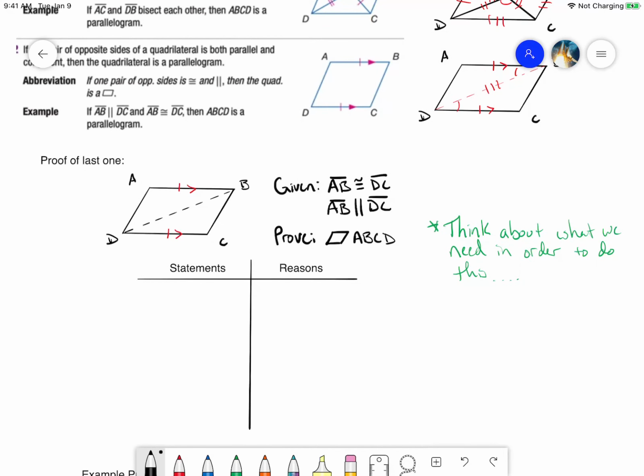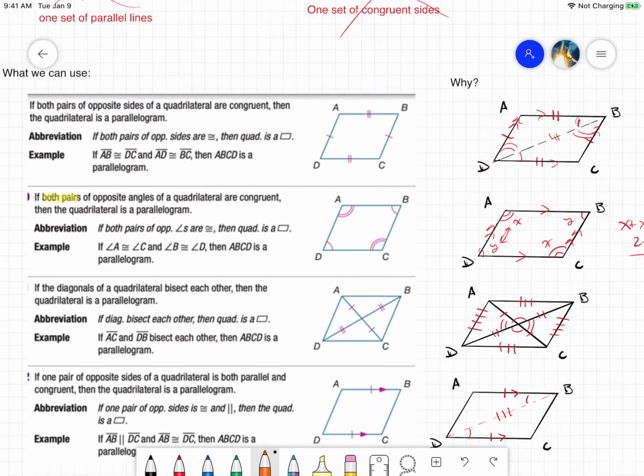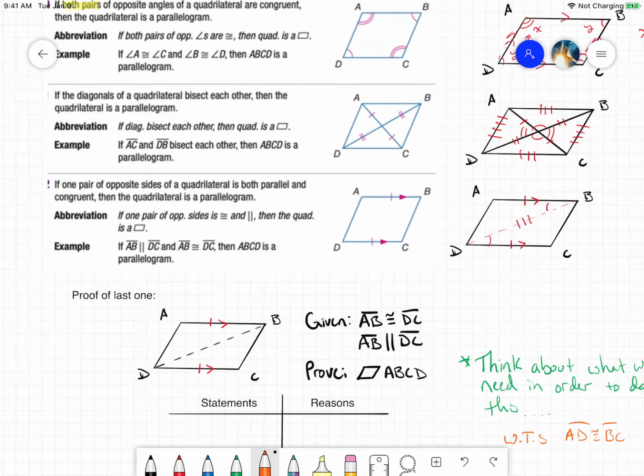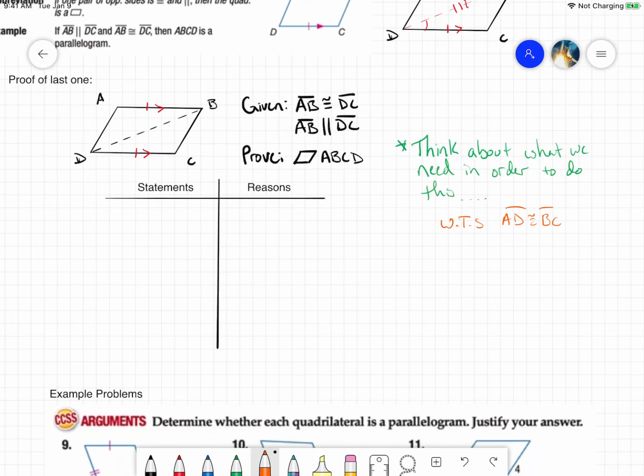So my whole goal then is to show, WTS, want to show, that AD is congruent to BC. That's the way that I need this in order to use my last step, which is that if both pairs of opposite sides of a quadrilateral are congruent, then the quadrilateral is a parallelogram. Okay? So, here we go.